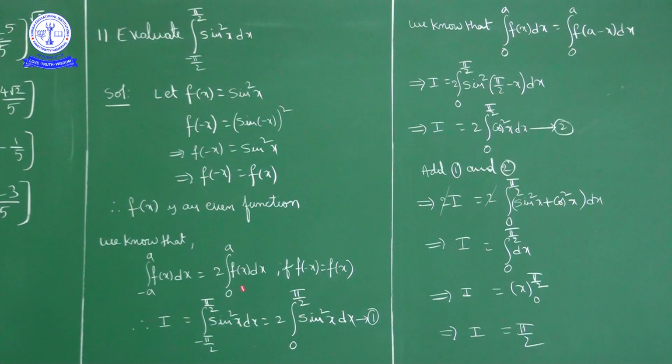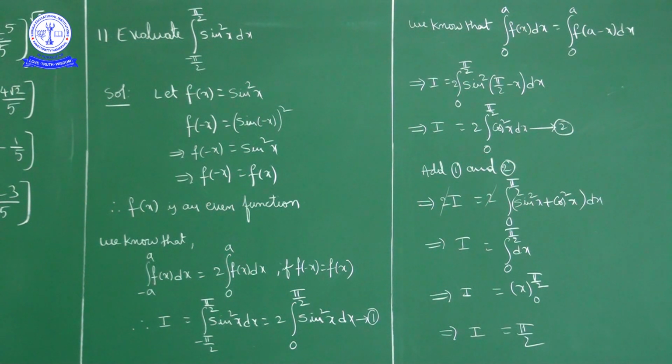Using this property, I will write this integral as I is equal to integral minus pi by 2 to plus pi by 2 sin square x dx is equal to 2 times integral 0 to pi by 2 sin square x dx. I will mark this one as 1. Also we have a property that integral 0 to a f of x dx is equal to integral 0 to a f of a minus x dx.